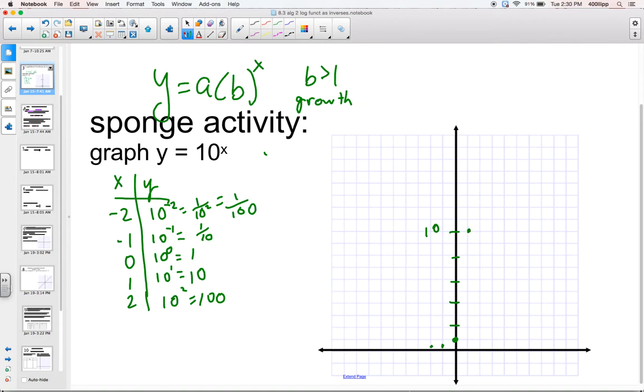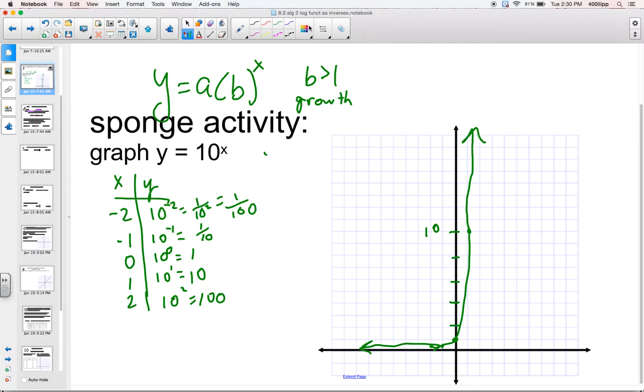Now when we actually go ahead and graph this, we can come up here and then go up, and we know that this is exponential growth coming up, and then it also gets really close to y equals 0.